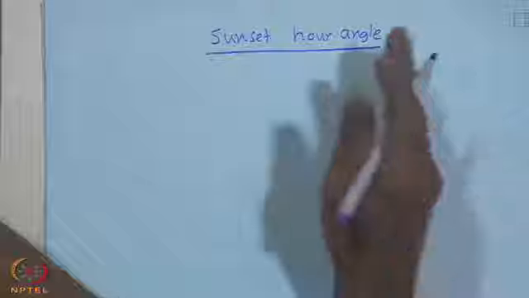It is symmetric as long as solar time is followed. When the sun's rays are horizontal, they graze past a horizontal surface, then it is either sunrise or sunset. At any other time, they will make a particular angle, less than pi by 2, with respect to the horizontal surface. In other words, as the sun appears to be moving from east to west, when it first appears at the horizon, the rays are parallel to the horizon.